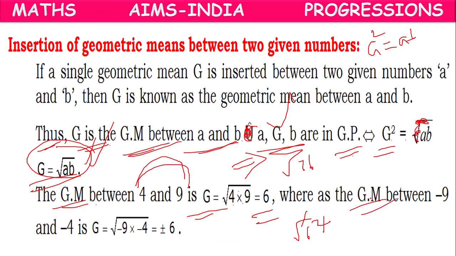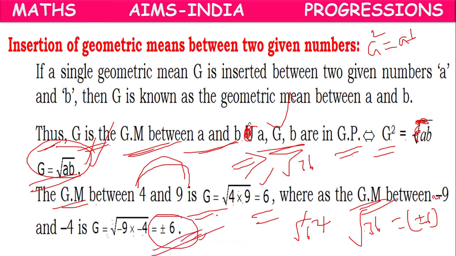Whereas, if you want to take the geometric mean between minus 9 and minus 4, we can take root of minus 9 into minus 4, root of 36. 36 can also be written as plus or minus 6 whole square. At that time, the geometric mean will become plus or minus 6. It may be plus 6 or minus 6 based on the values.